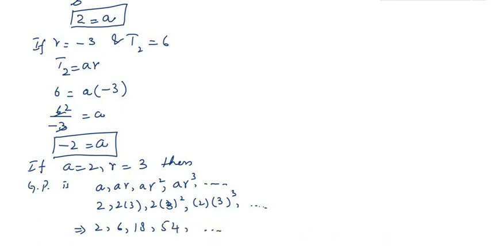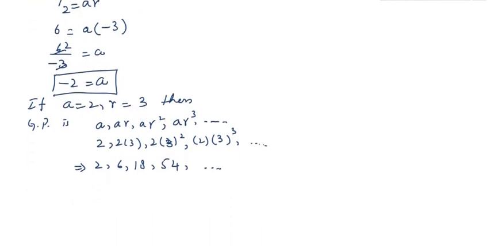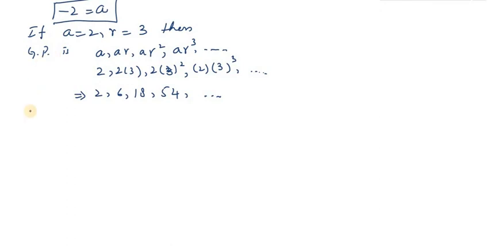If A is equal to minus 2 and R is equal to minus 3, we get another geometric progression.